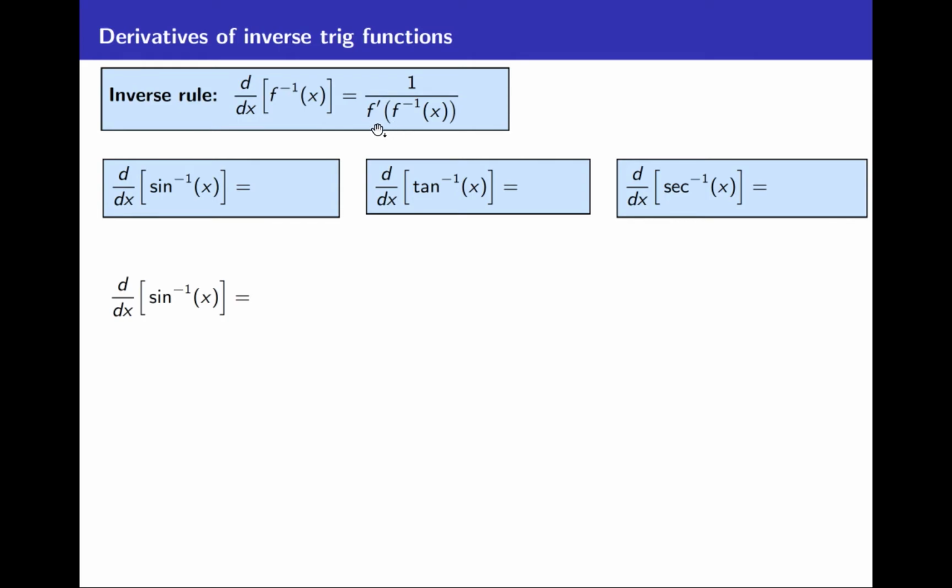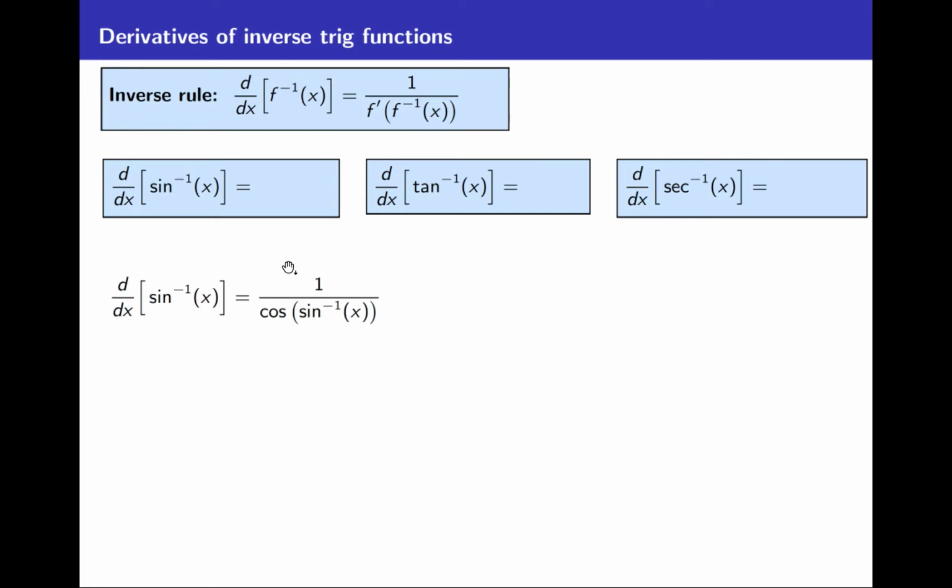Cosine of f inverse of x, which would be cosine of sine inverse of x. So using our inverse rule, we get the derivative of sine inverse of x is 1 over cosine of sine inverse of x.